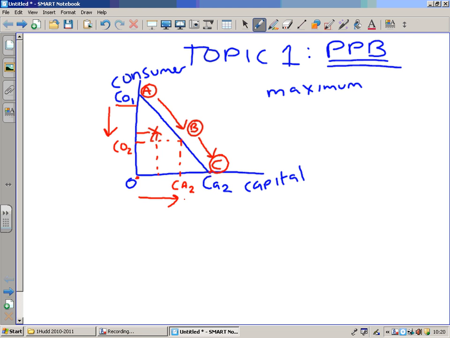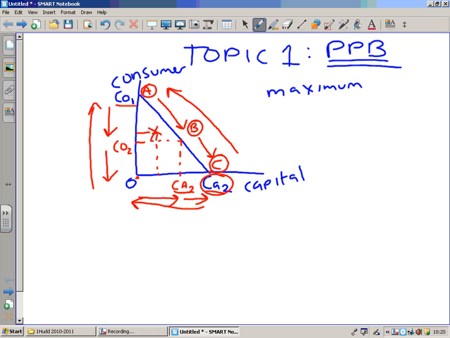So as we gain capital goods from here to here, we lose CO2 to 0 consumer goods. Clearly, if we go back from C to A, we lose CA2 to 0 capital goods, but we gain 0 to CO1 consumer goods. And that is the basic theory behind a production possibility boundary.